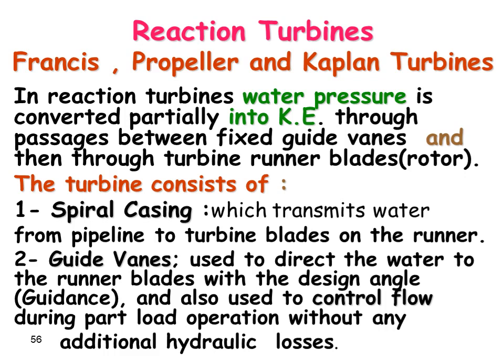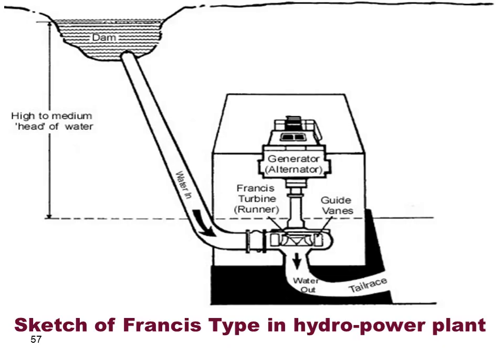Number two, these guide vanes can also be used to control the flow during load drops. During part load operation, we have to reduce the flow by using these guide vanes without any additional hydraulic losses, because the guide vanes are made in streamlined shape as aerofoil shapes.